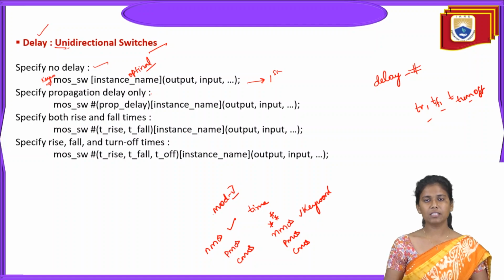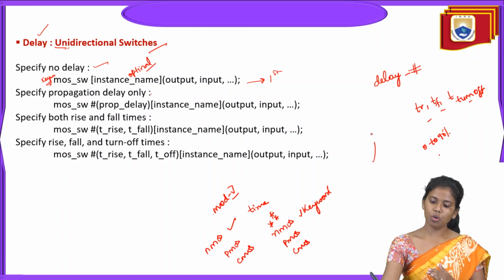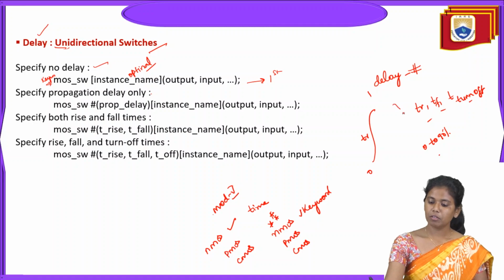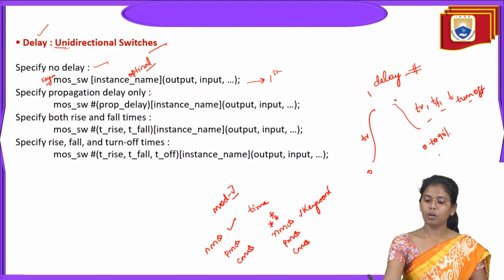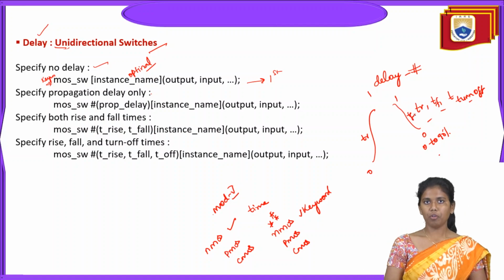So what is a rise time? TR is when the propagation takes place from 0 to 90% of the delay, that is from 0 to 1. This is nothing but the rise time. And fall time is when it takes its curve from 1 to 0. It's falling down, from 1 to 0, and that is the fall time.